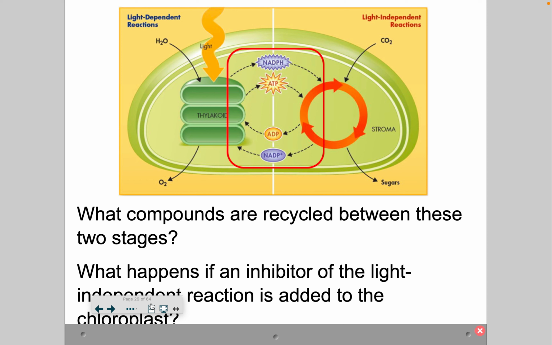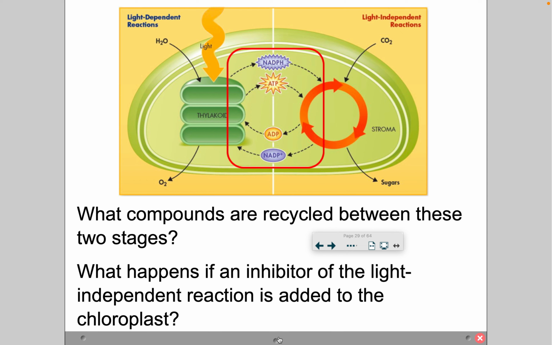What happens, this is a critical thinking question, what happens if an inhibitor of the light-independent reaction is added to the chloroplast? So if I add something to the light-independent reaction that stops this wheel, okay, boom, I'm going to put an X here, roadblock. What do you think is going to happen? Well, eventually the light-dependent reactions are going to shut down.